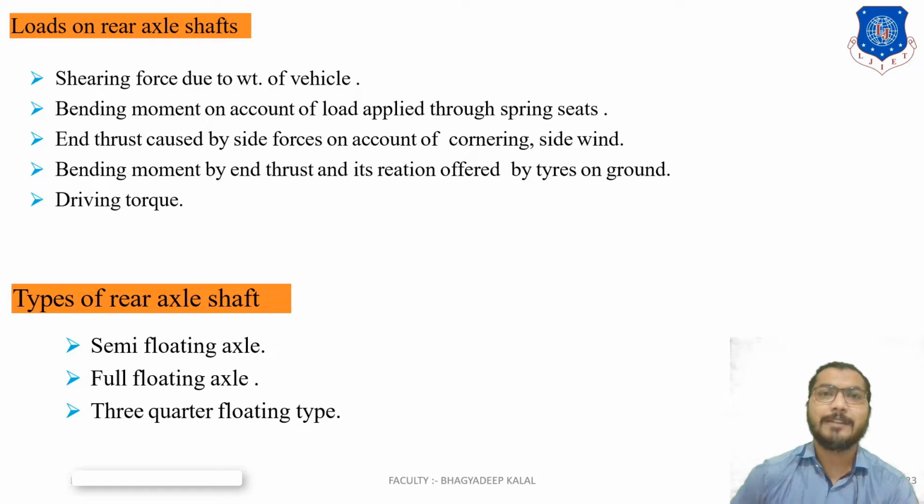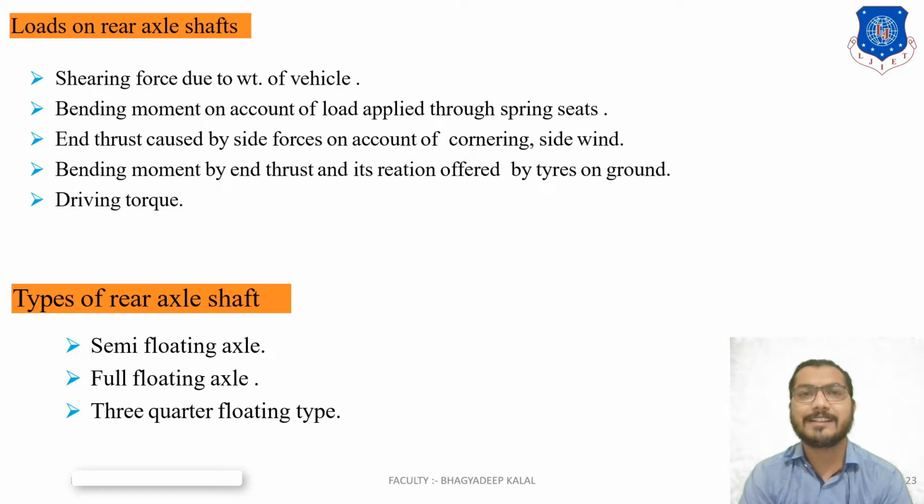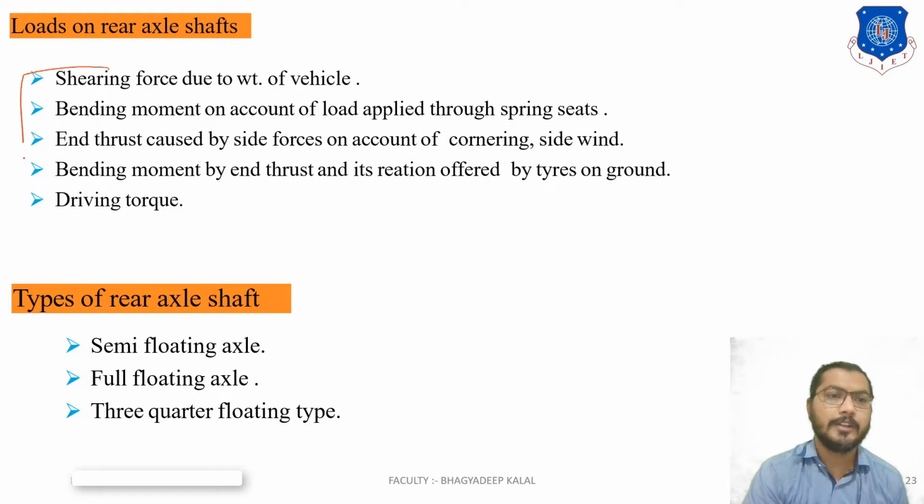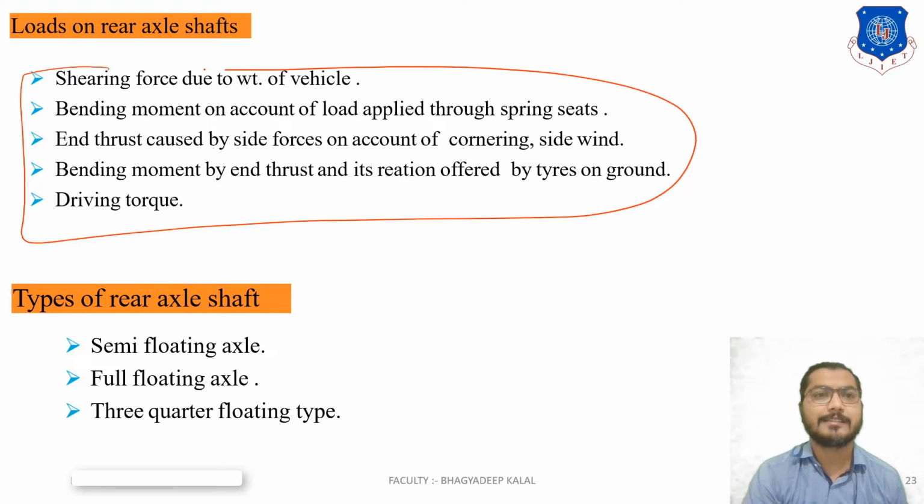Next is the bending moment on account of the load applied through the spring seat. And then thrust and bending moment by end thrust and its reaction offered by the tire on the ground, and driving torque. That means these are all the types of load which come on the rear axle shaft.